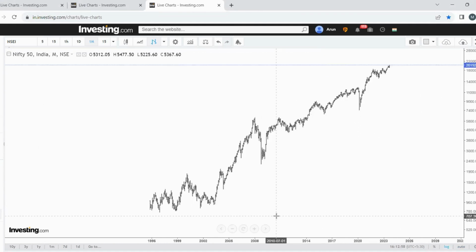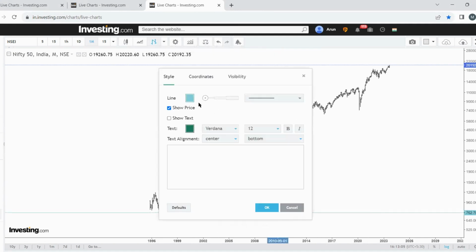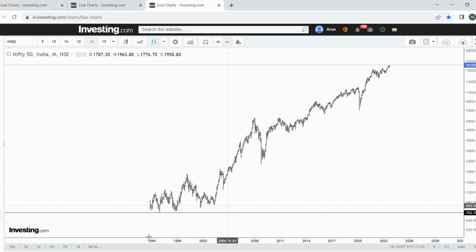As usual, we should start our count from the low point. This is the low. So the lowest point is 0, and the first high is wave 1, and then wave 2.